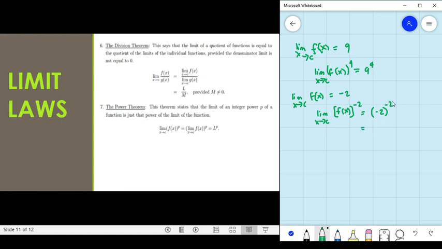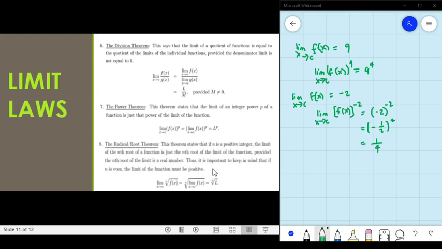In order to make the exponent negative to positive, we take the reciprocal, negative 1/2 to the power of 2. So it becomes 1/4. So the value of the limit is 1/4. Okay?